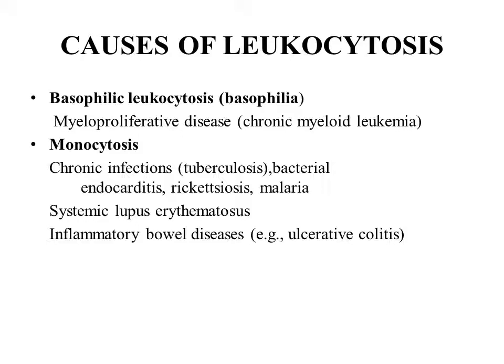Monocytosis. Like lymphocytosis, the term is monocytosis: more monocytes in the peripheral blood. These are the causes, maybe chronic infections like tuberculosis, bacterial endocarditis, rickettsiosis, malaria, SLE, maybe some inflammatory bowel diseases like ulcerative colitis.